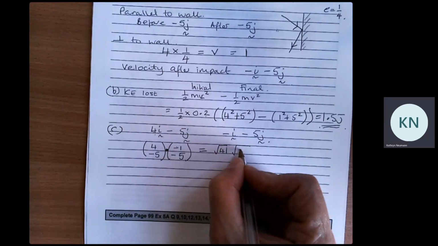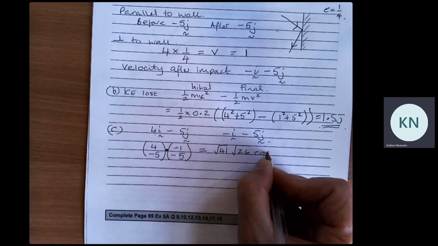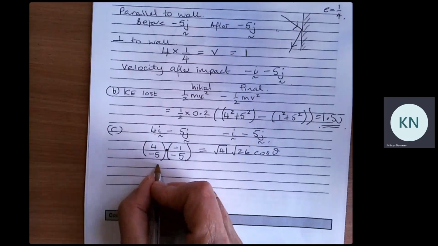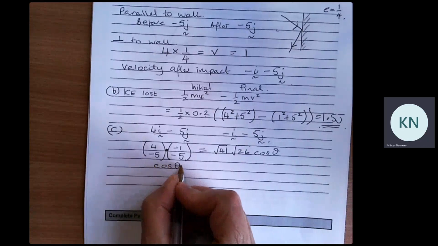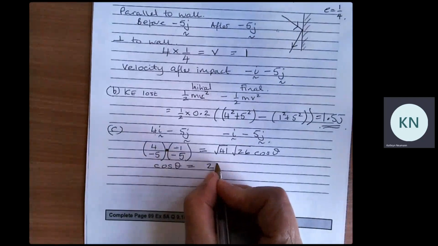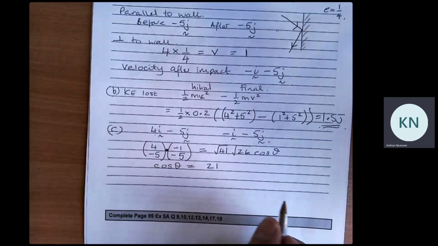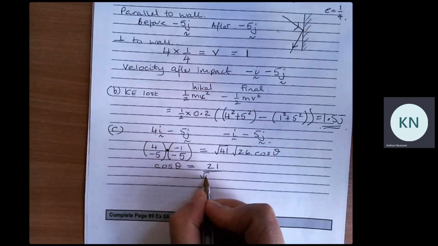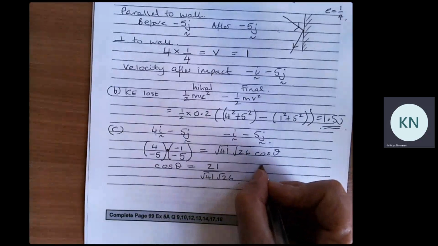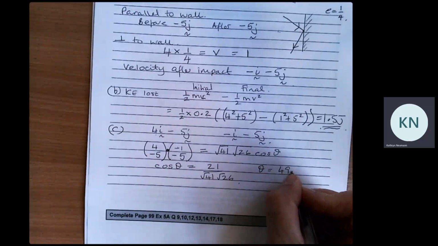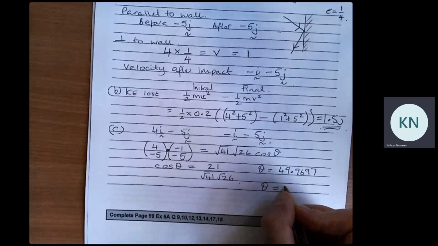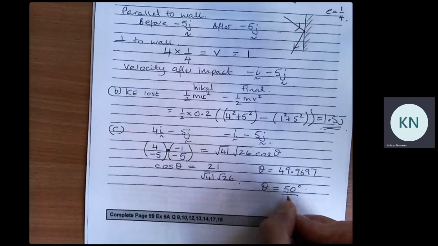Here, this is going to give me root 26 cos theta, where theta is the angle between the two vectors. So working that through, cos theta is equal to 25 take away 4, which is 21, divided by root 41, root 26. And that gives me theta is 49.9697, which we can round to 50 degrees.